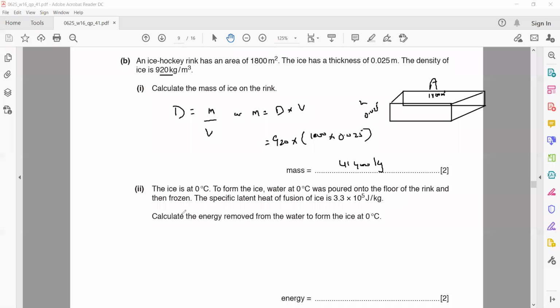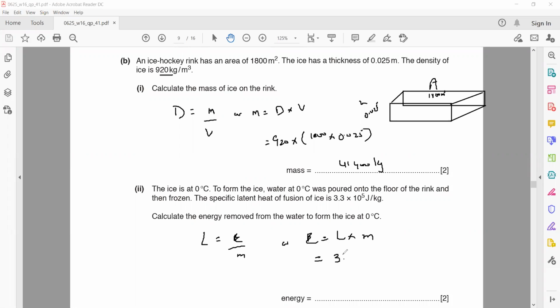Then to form the ice, water at zero is poured onto the floor of the rink and then frozen. The specific latent heat of fusion is 3.3 exponent 5. Calculate the energy removed. Whenever there is a change in state, you have the formula latent heat is equal to energy divided by mass. You need energy, so energy is equal to latent heat multiplied by mass.